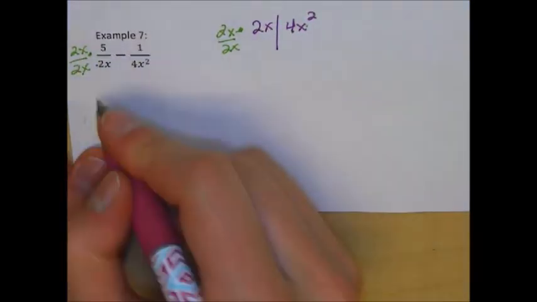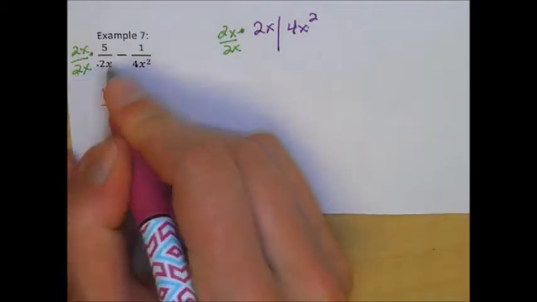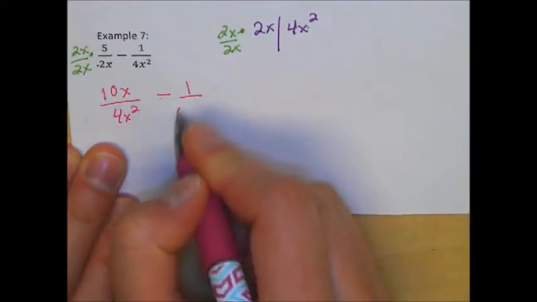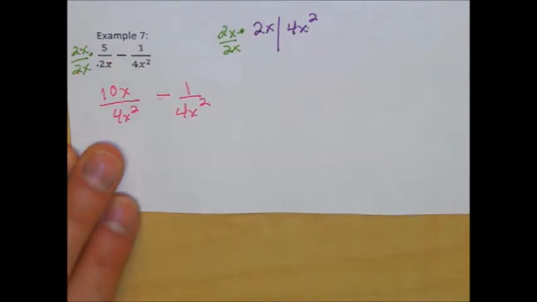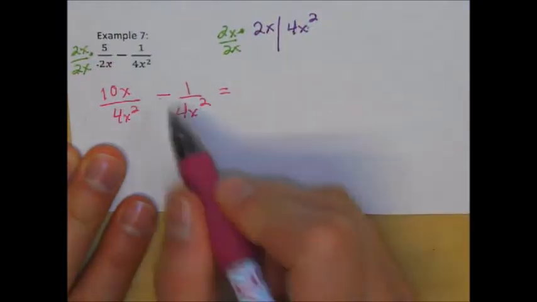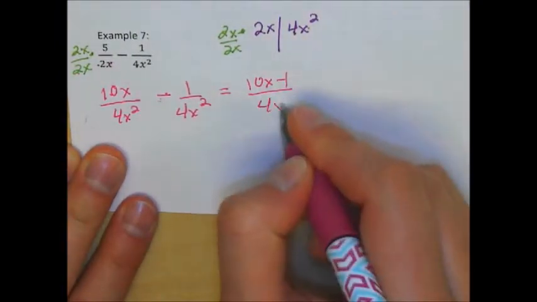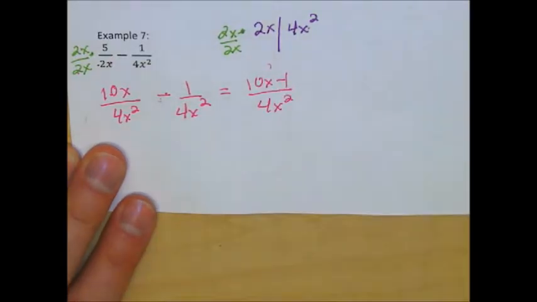2x times 5 is 10x over 4x squared, just like we want, minus 1 over 4x squared. We're going to do our subtraction, 10x minus 1 over 4x squared. Can I factor the top?